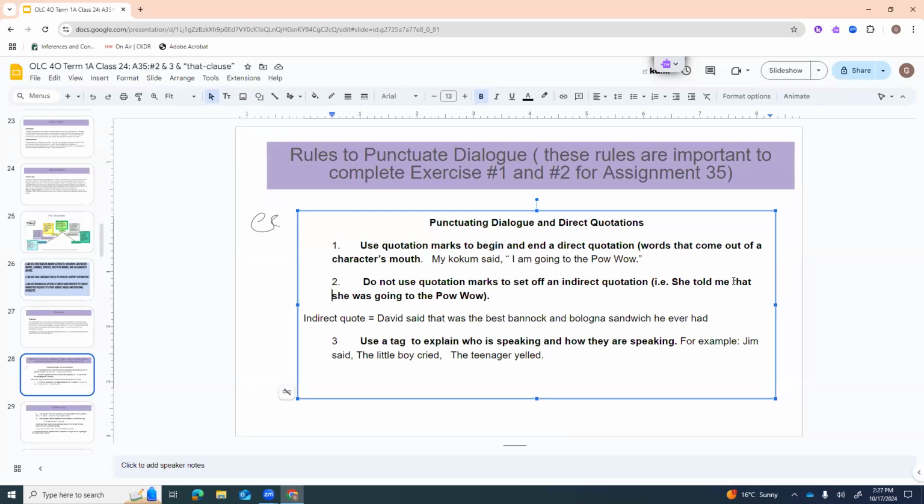Generally, we try to use a tag to explain who is speaking and how they are speaking. It's not required for every single one, but when you don't use it, you run the risk that your reader might get confused and forget who's talking. So Jim said, the little boy cried, the teenager yelled. Those are all examples of tags.